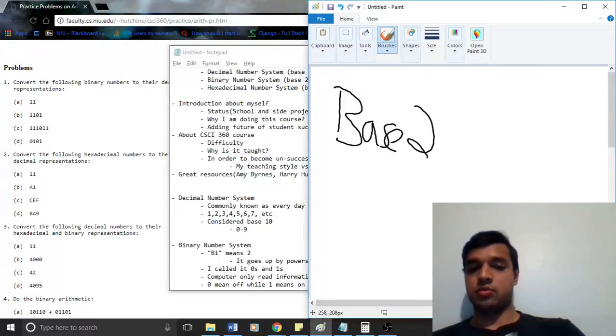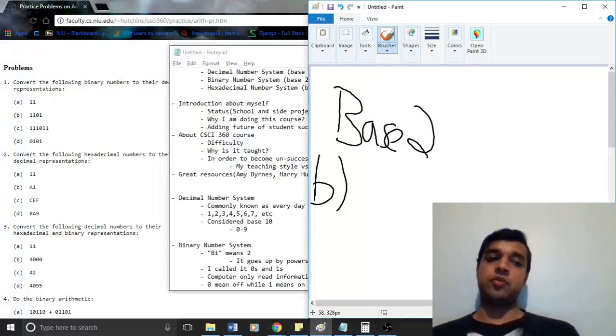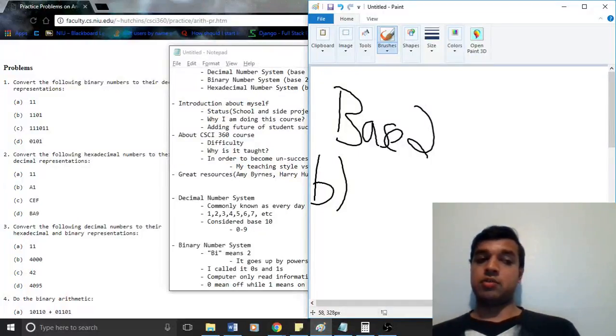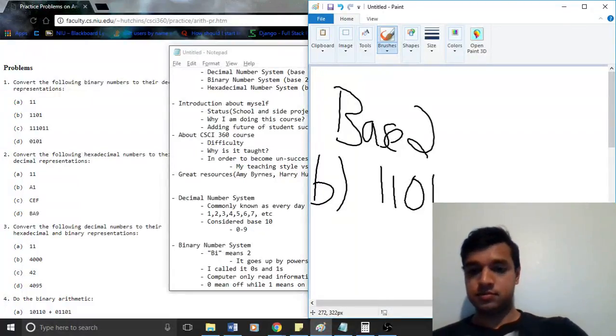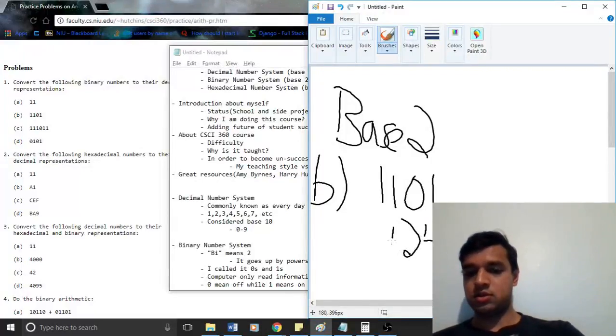So I think a better way is for me to give examples. So let me give an example for another binary one, which is 1B, which is 1, 1, 0, 1. So the first one, since you're doing it by base 2, will be 2 to the 0. Next one is 2 to the 1.